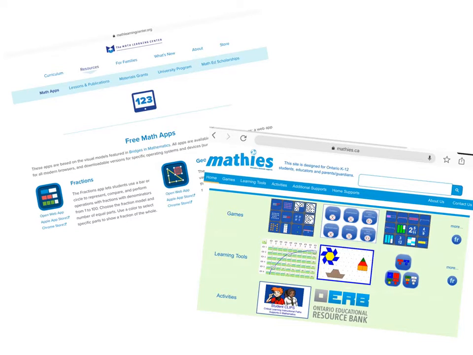Others are joining in with supporting learning through visual math. We have the Math Learning Center provides free math apps to visualize thinking and bridging mathematics. And we have mathies.ca. Mathies.ca provides games and learning tools, all with visual components.